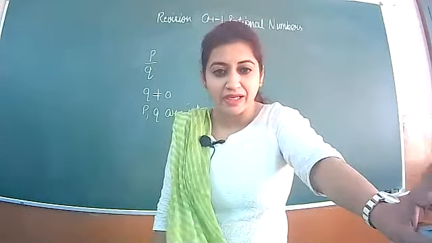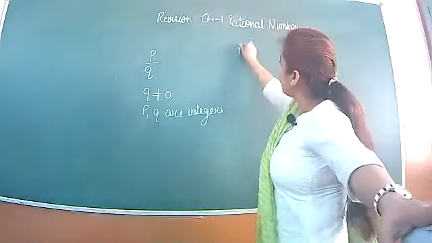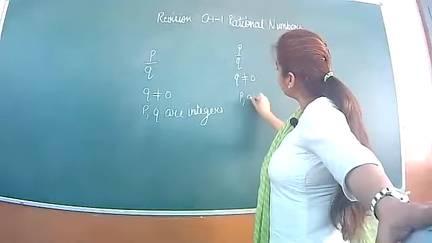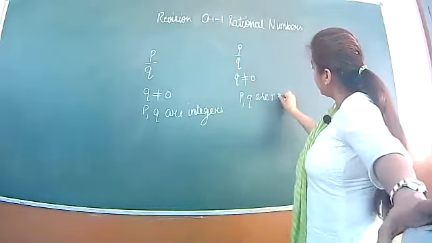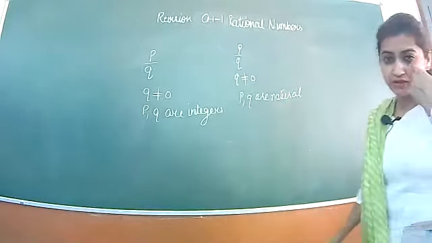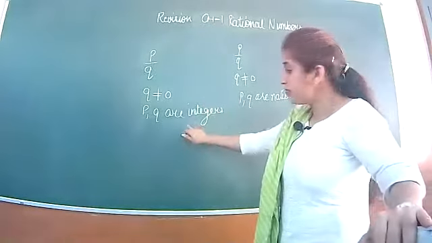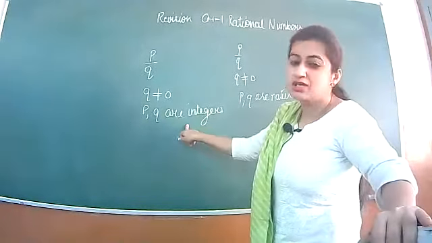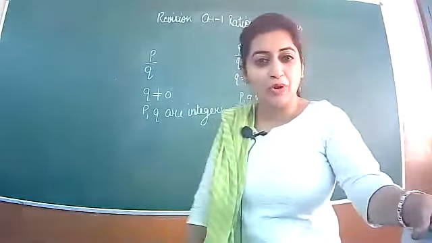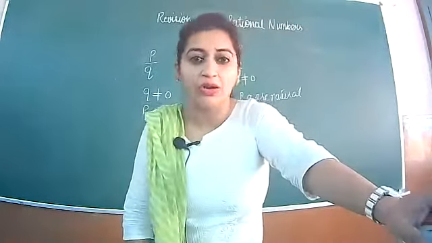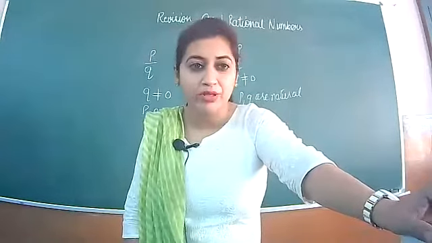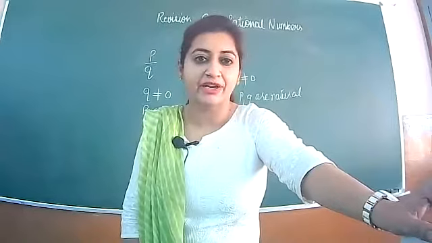But in case of a fraction, the number is of the form P by Q, Q not equal to 0, and P and Q are natural numbers. The definition is the same, but natural numbers are always positive, so fractions are always positive. A fraction can't be negative, but a rational number can be positive or negative.